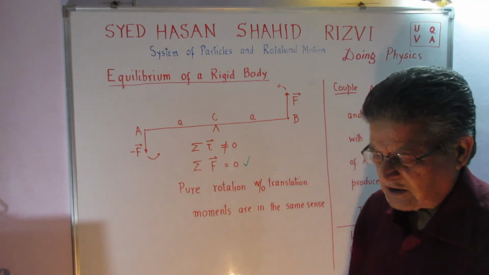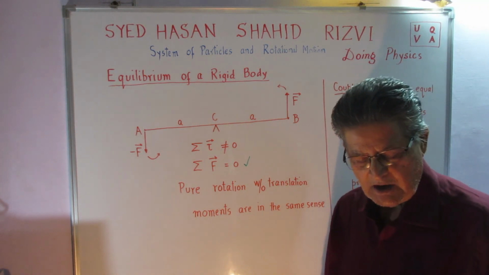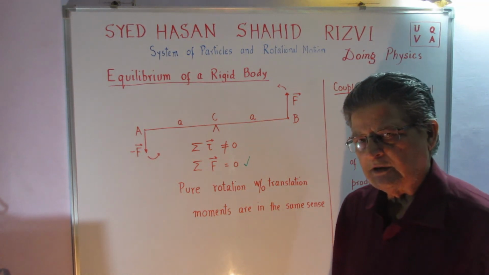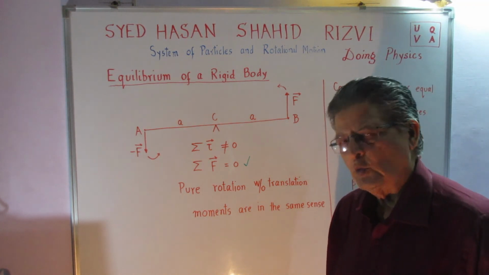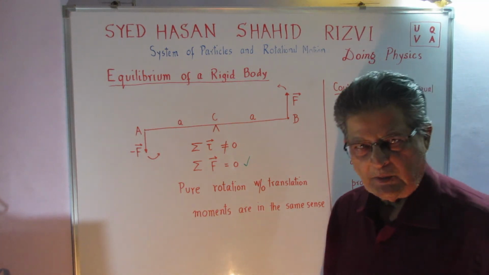Then we can calculate the CG and see that the center of gravity is coincident with the center of mass of the system. Thank you very much. We meet shortly.